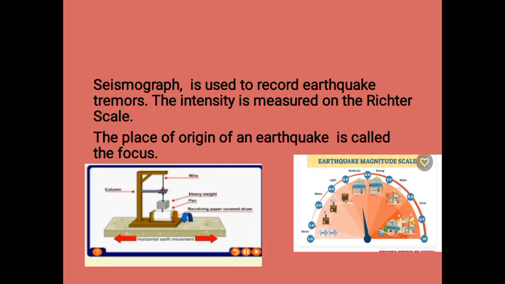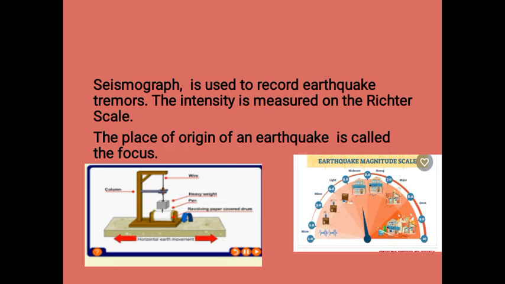The Himalaya region, Japan, Philippines, and the areas around the Pacific Ocean experience frequent earthquakes. So, what are the effects?